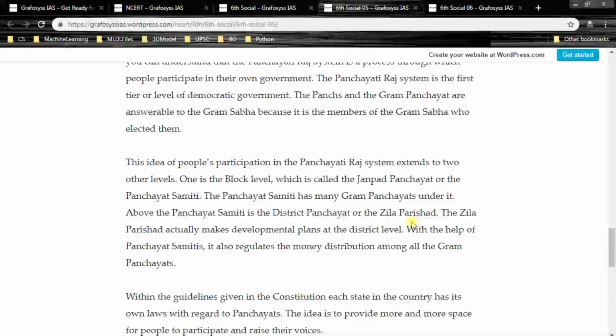With the help of Panchayat Samitis or Janpad Panchayat, it regulates the money distribution among all the Gram Panchayats. So the three things you have to remember: Gram Panchayat, Panchayat Samiti or Janpad Panchayat, and Jilla Parishad or district Panchayat.